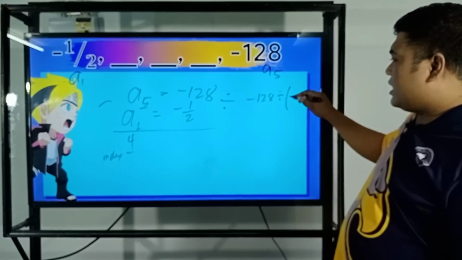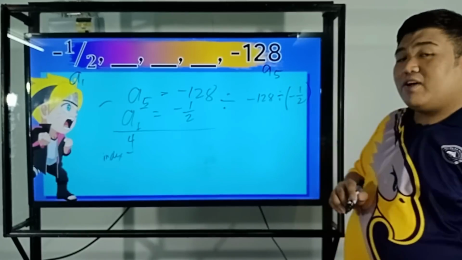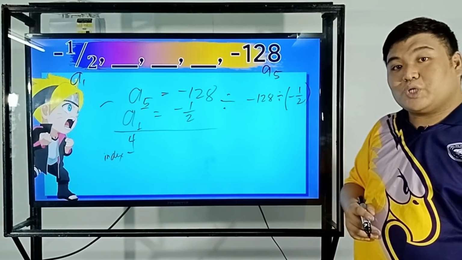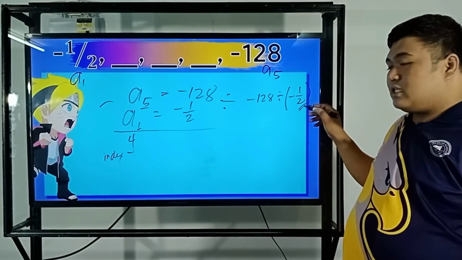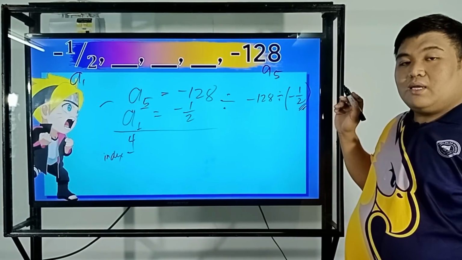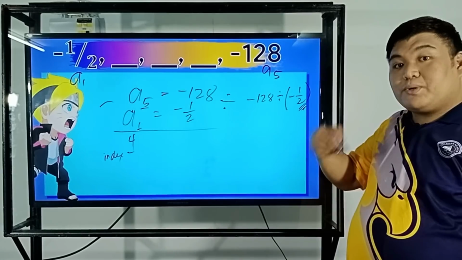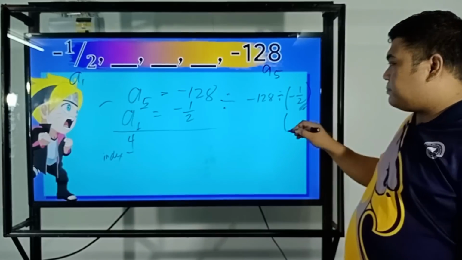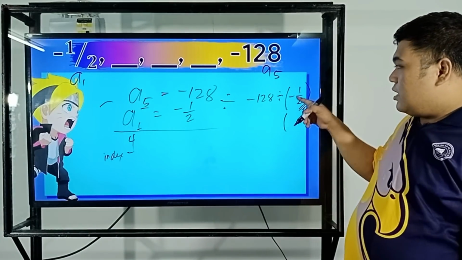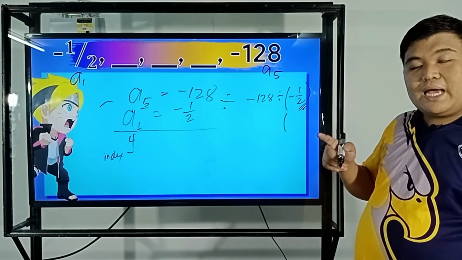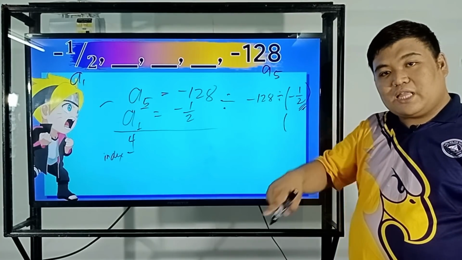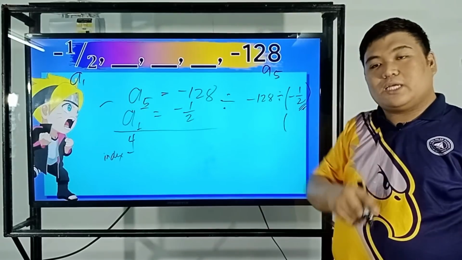divided by negative 1/2. Ano ba yung rule natin when we are dividing fractions? Diba? Get the reciprocal of the divisor, then proceed to multiplication. Ano ba ang reciprocal ng negative 1/2? Pag binaliktad si 1/2, ano yung mangyayari? Diba lilipat yung numerator sa denominator, denominator aakyat sa numerator.